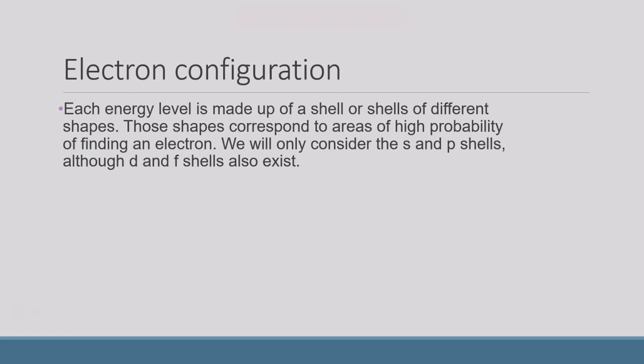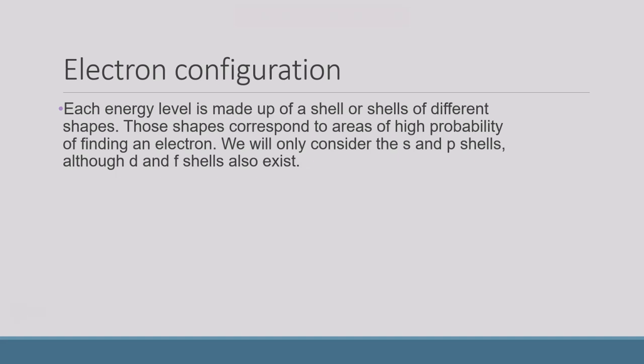Now we need to understand that each energy level is also made up of shells. So if we're going to zoom into n equals 1, we need to understand the shell structure of n equals 1.